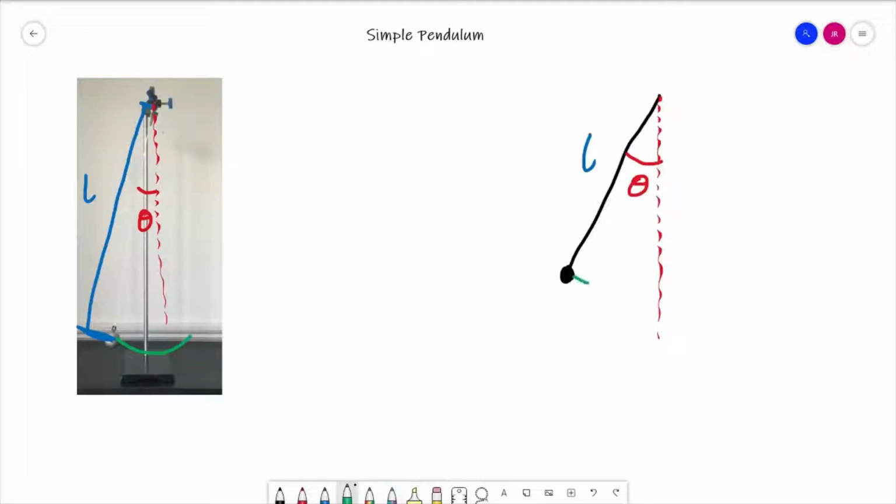If I draw that on there, that green line is the arc that it will follow. So the arc length we can label S. We know that it follows the arc of a circle because the length of the string remains constant. To use the physics cliche, we'll call it a light inextensible string, so it stays at exactly the same length.